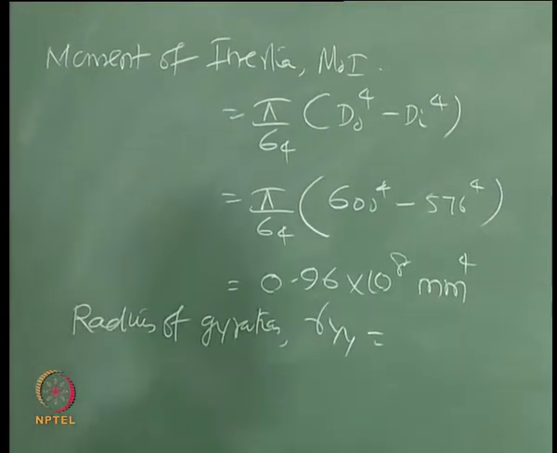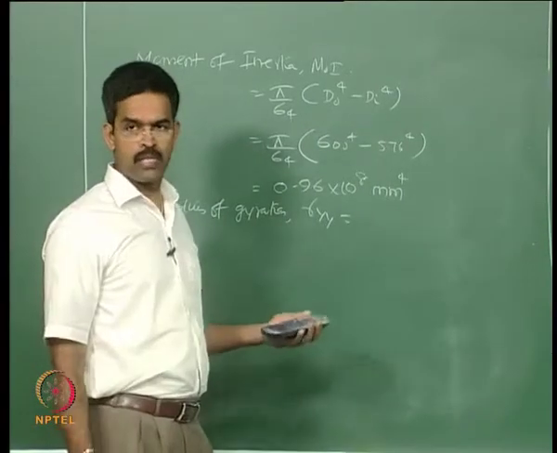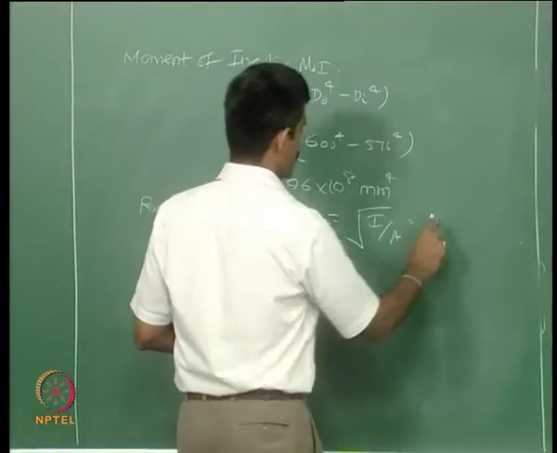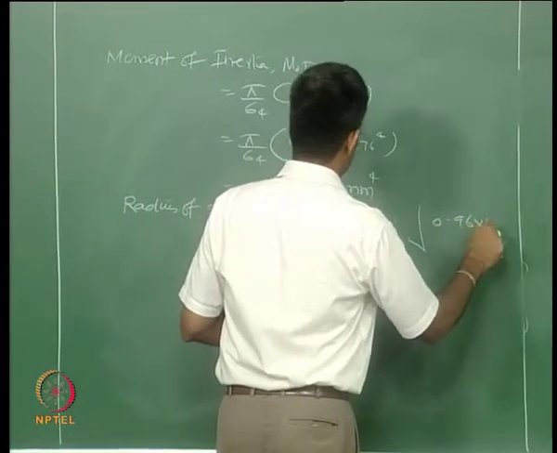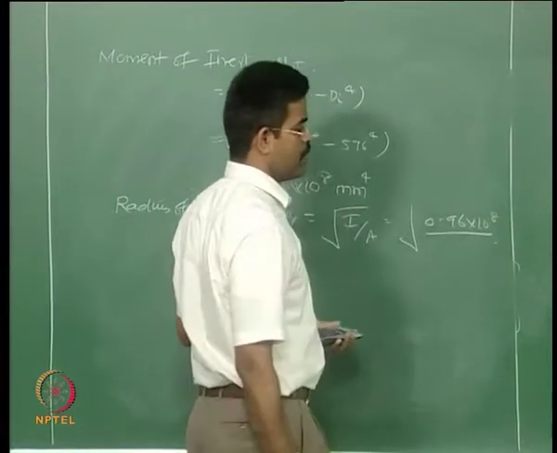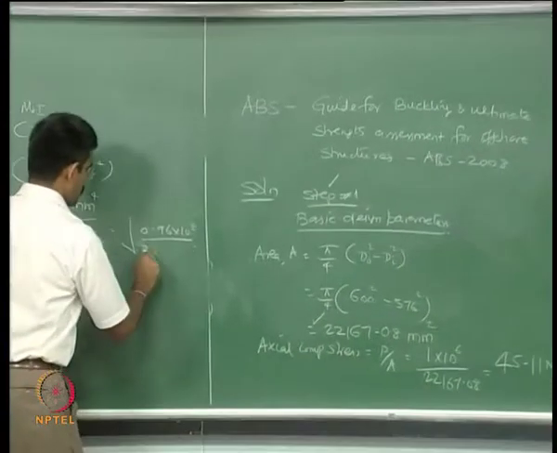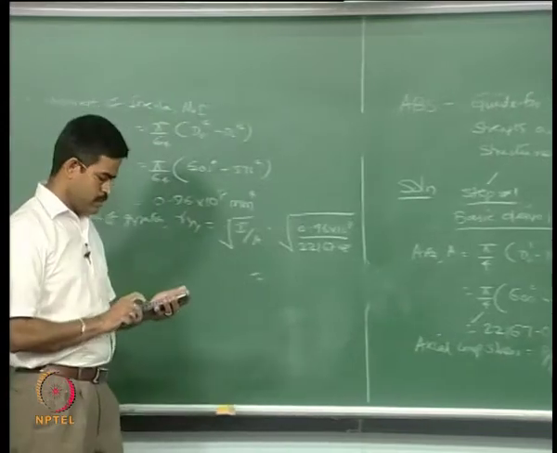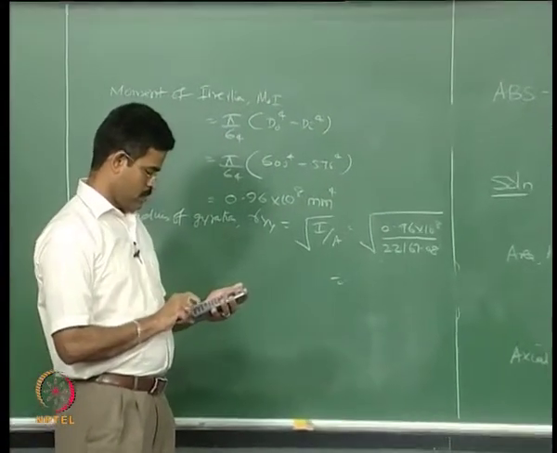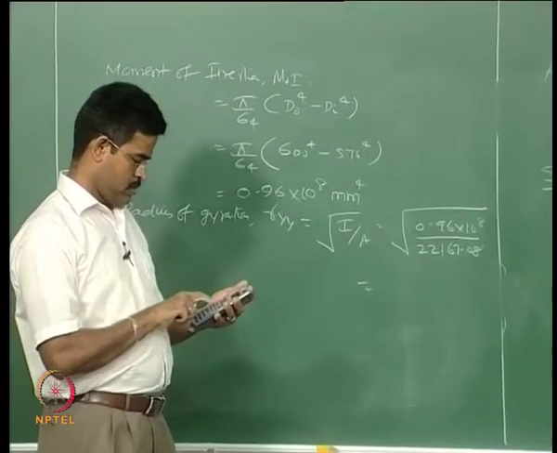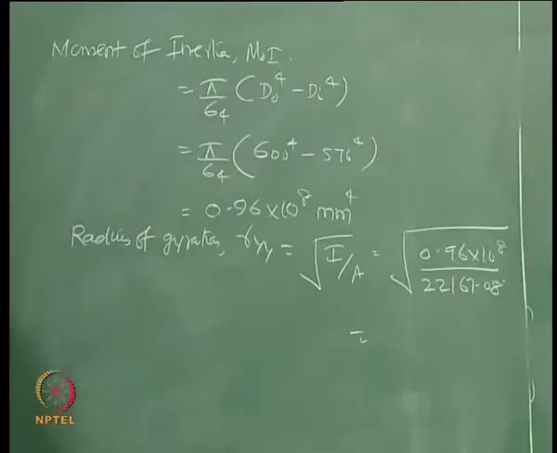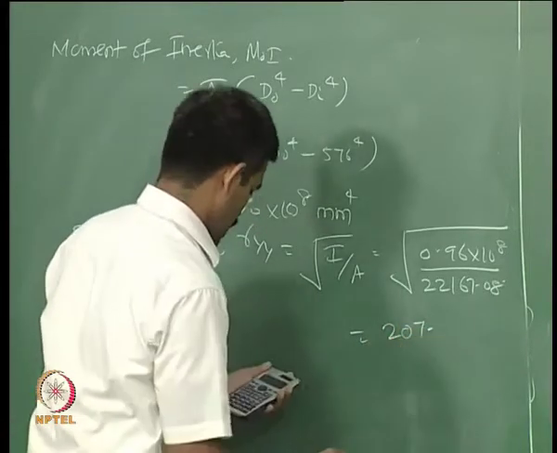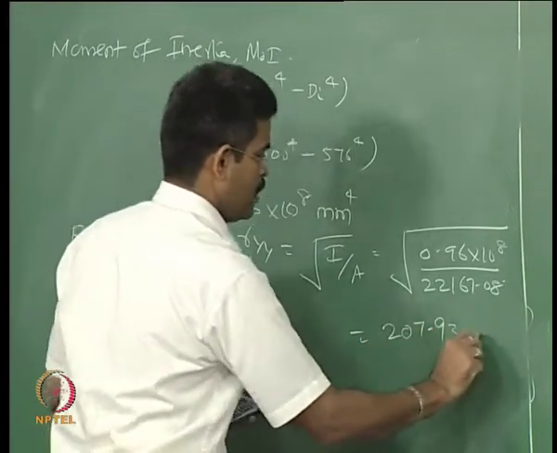Being a circular member, it is going to be uniform about xx and yy, which is going to be root of I by A, which is root of 0.96 into 10 power 8 by area, which is available here, 22167.08, the square root, which comes to 207.93 millimeter.